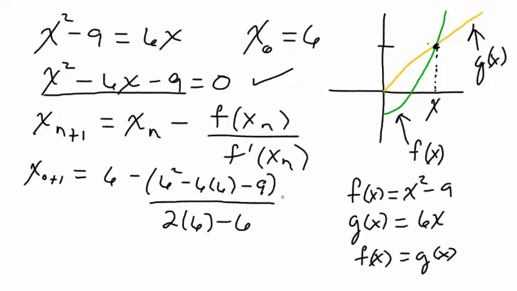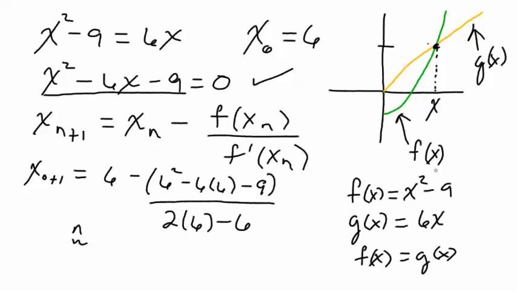So we want to get this number and round out to a bunch of decimal places. That'd be the best idea, so let's actually do that. I found the best way to do this is just a cheap calculator.